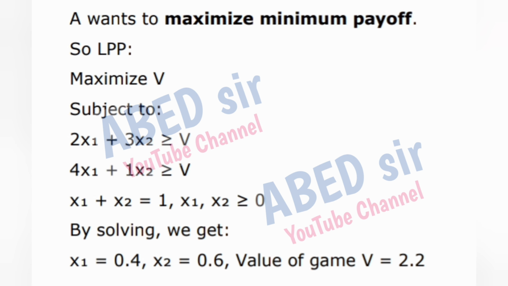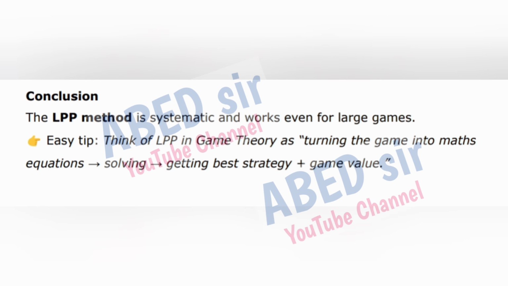By solving, we get x1 = 0.4, x2 = 0.6, value of the game V = 2.2. Conclusion. The LPP method is systematic and works even for large games. Easy tip. Think of LPP in game theory as turning the game into math equations, solving, getting best strategy plus game value.